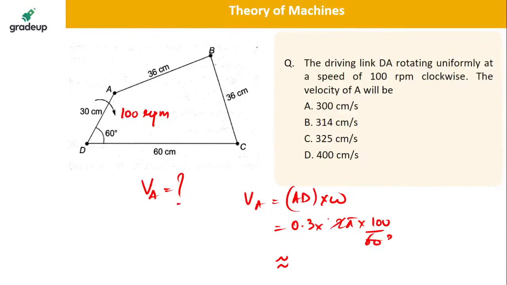This 30 cancels, so approximately this is pi into 10. Okay, so it is 314 centimeter per second.